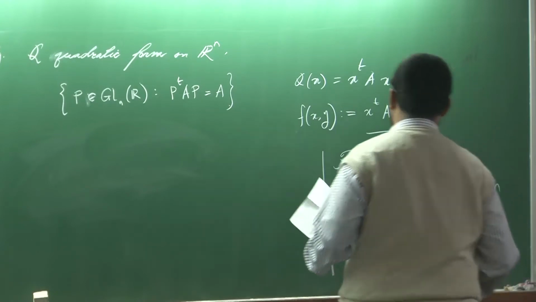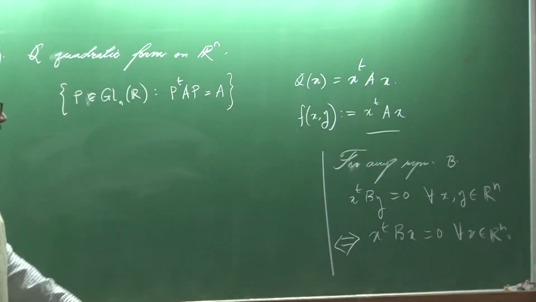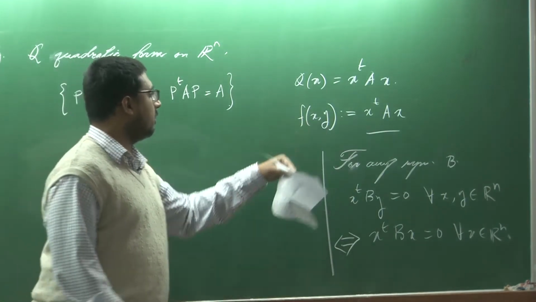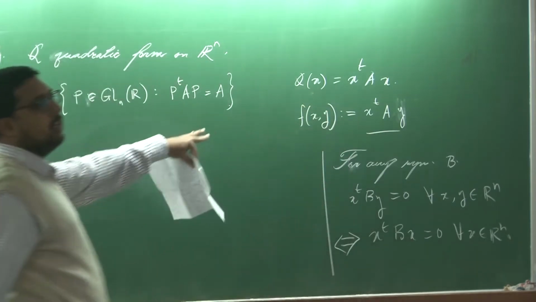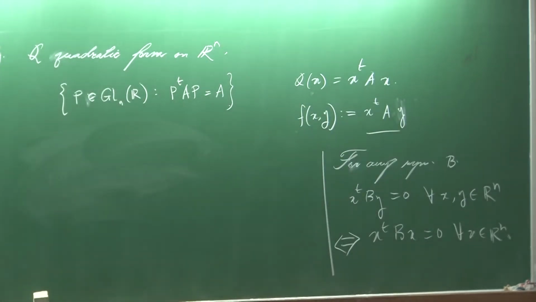So from that you can immediately convince yourself that the stabilizer of this quadratic form and the stabilizer of the bilinear form are the same.